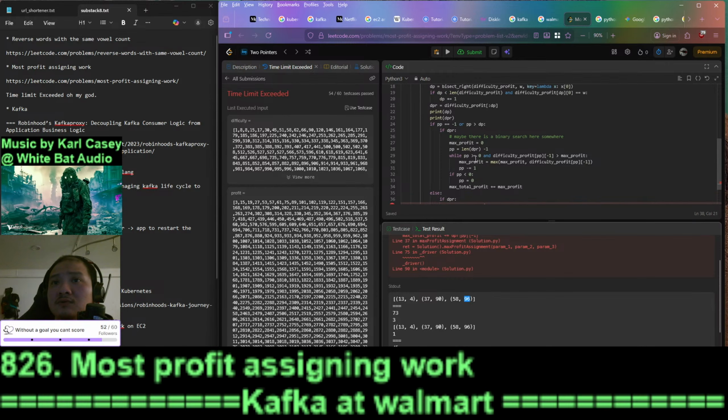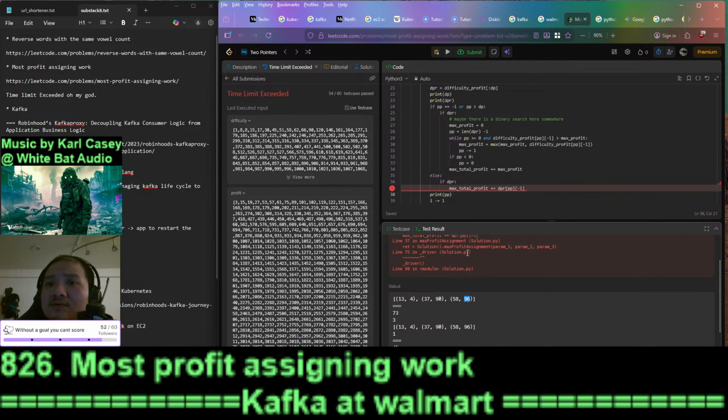So PP and be greater than or, then we search for the max profit here. We start from this to the end, right? Oh, we need to keep the max profit index. Okay, so PP and difficulty is greater than max profit, right? This is greater than, good. This is also greater than.